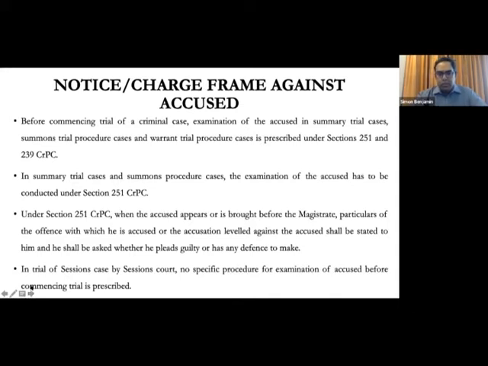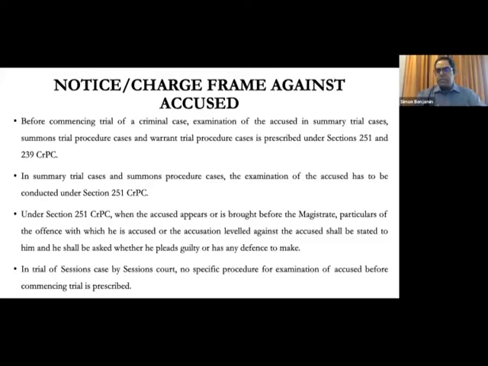So we find that 251 of the CRPC, which deals with this process of framing of this charge, which is called framing of notice, because it's not a formal process, considering it's a summons trial. It's for offenses which are assumed to be non-serious.